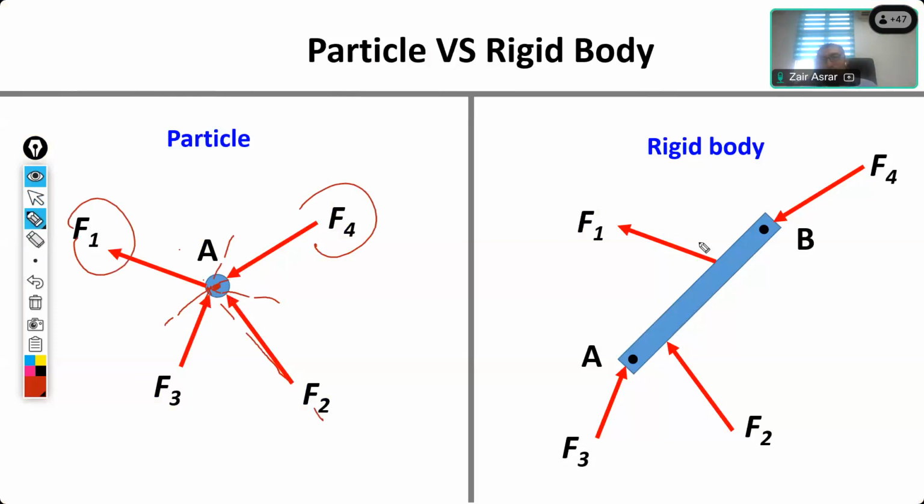But in the case of a rigid body, since the forces act at different points, you'll have moment generated for this particular rigid body. So that's the reason why we need to study moment and understand how moment affects our rigid body.